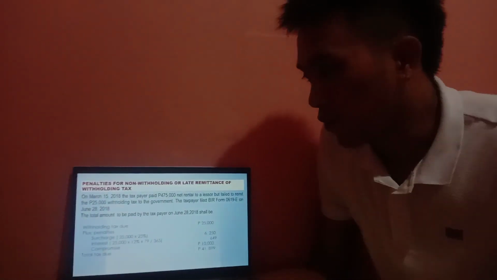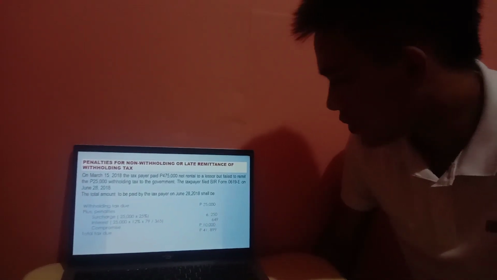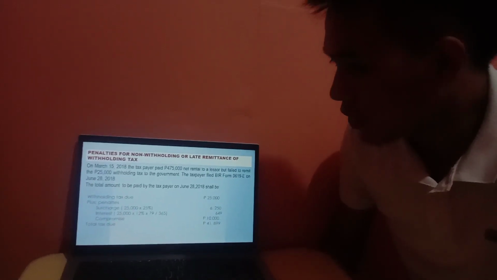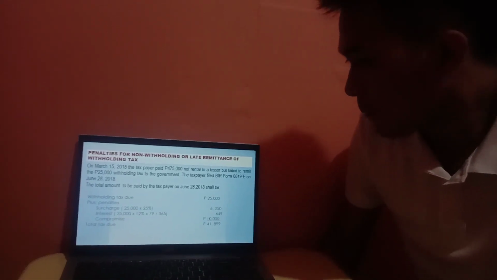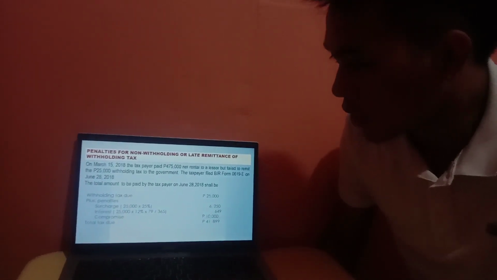For example, on March 15, 2018, the taxpayer paid 475,000 net rental to a lessor. The taxpayer failed to remit the 25,000 withholding tax to the government. The taxpayer filed BIR Form 0619E on June 28, 2018.